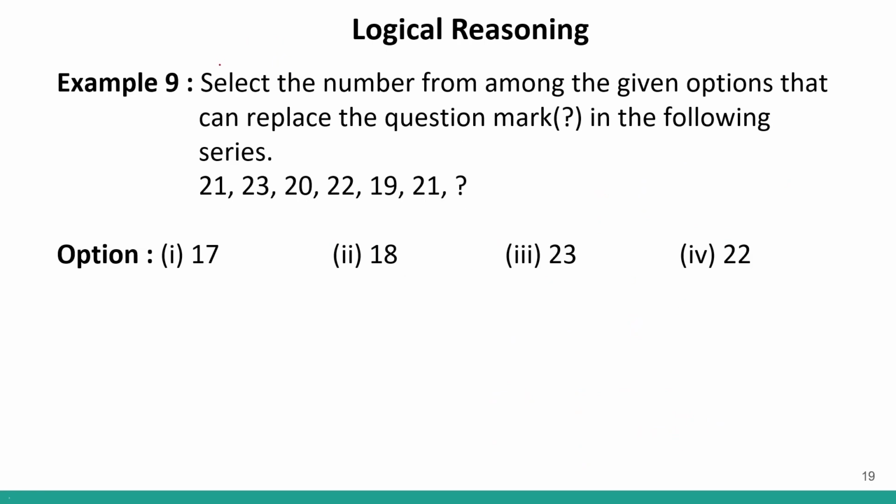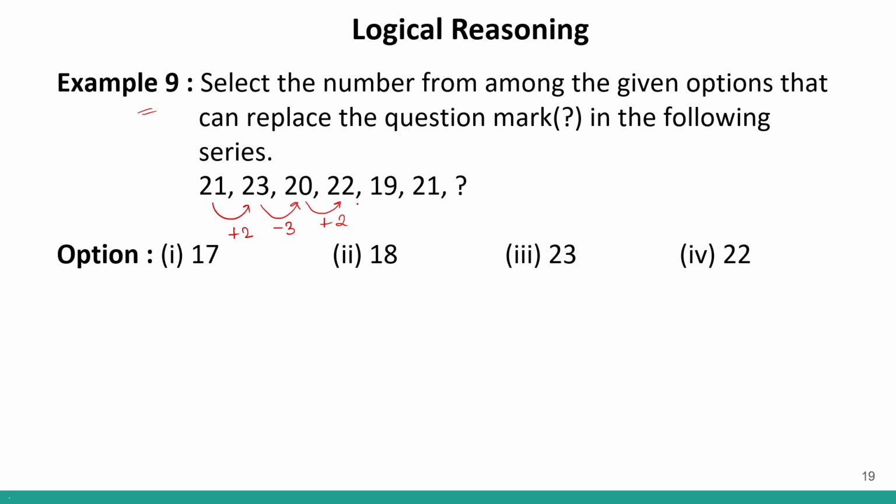Okay? Now, example 9. Over here again a number series is given to us and we have to find the missing element. Now, from 21 to 23, I can see there is a jump of plus 2. From 23 to 20, there is a deduction of minus 3. From 20 to 22, there is again a jump of plus 2.